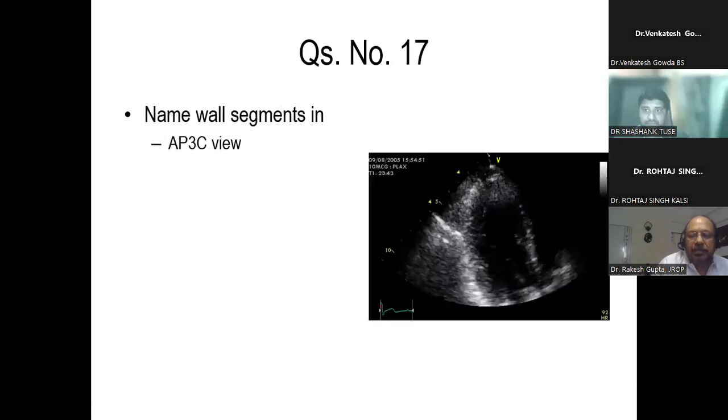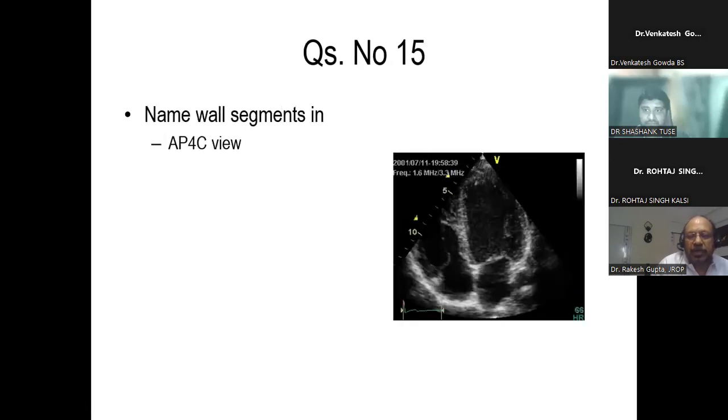Pranjal, tell me this. This is a four-chamber view, right? Yes, sir. What segment is this? That is the apical interventricular septum. What is this? Mid interventricular septum. What is this? Basal interventricular septum. What is this?